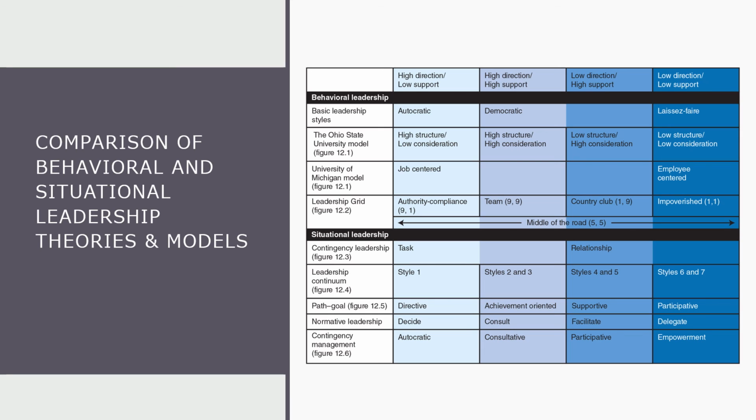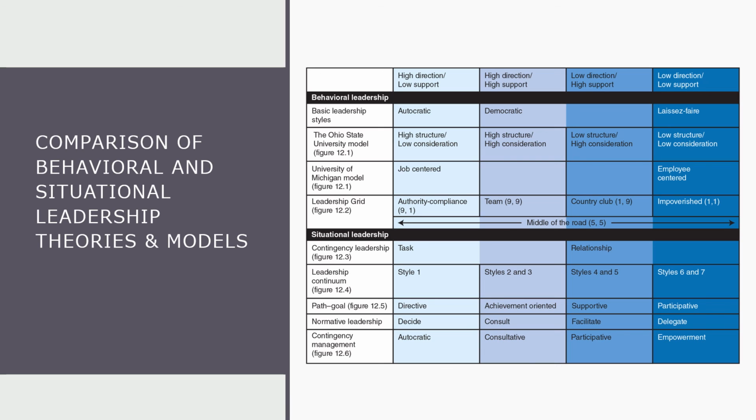So figure 12.7 provides a comparison of the behavioral and situational leadership models and uses direction and support to describe these 2 dimensions of leadership. The columns are headed high direction, low support; high direction, high support; low direction, high support; and low direction, low support. The terms that appear below these headings have basically the same meanings as the column headings.